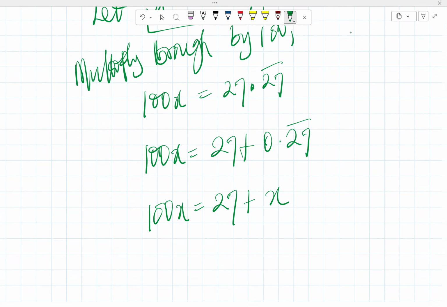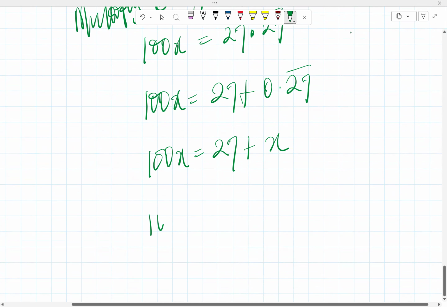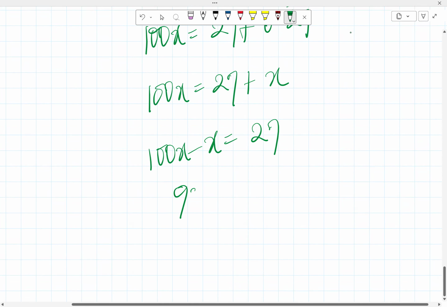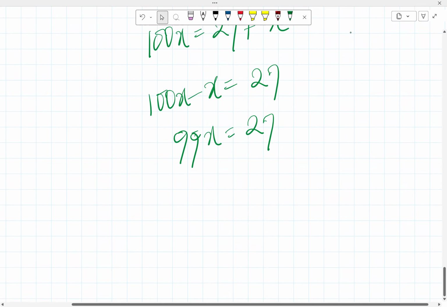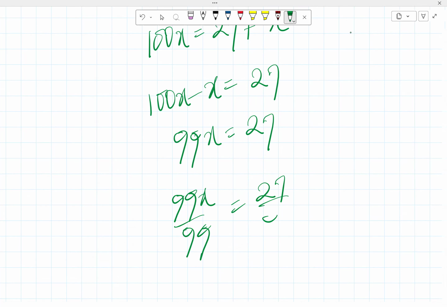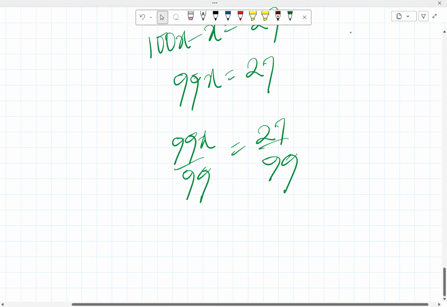So then that's like 100x minus x equals 27. So 100x minus x is 99x, and that is equal to 27. So then you divide through by 99. So we have 99x all over 99 is equal to 27 all over 99. Okay, so 99 cancels out.